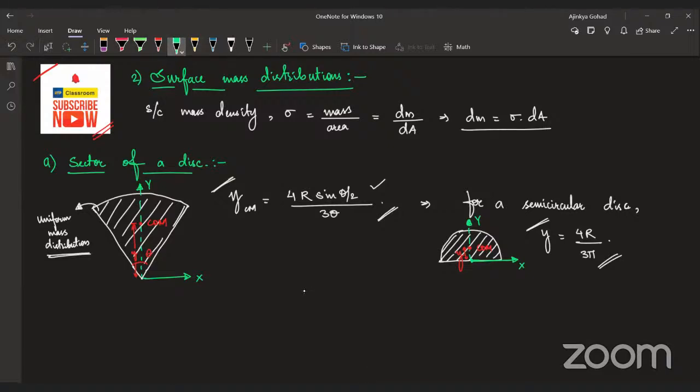Next, we can have a hollow hemisphere, which we can call a hemispherical shell.